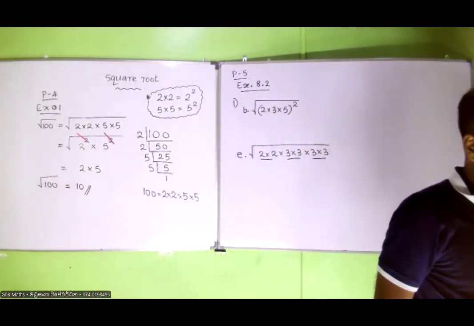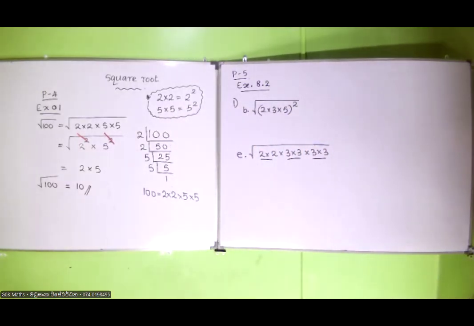Miss, the letter E is, I think, correct. Yes, 320, right? Let's see. But again, I do not know whether it is correct or wrong. 324. The second answer is wrong, right? I don't know how you got this.